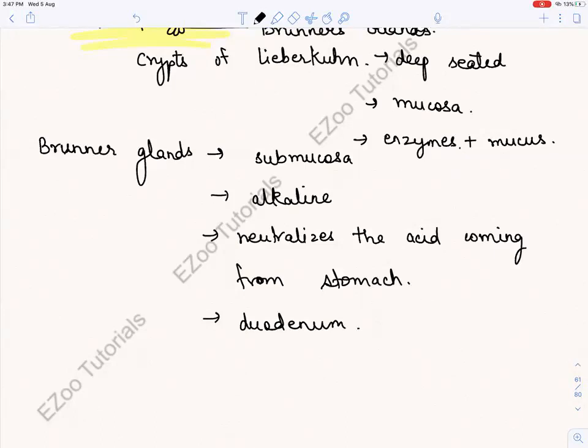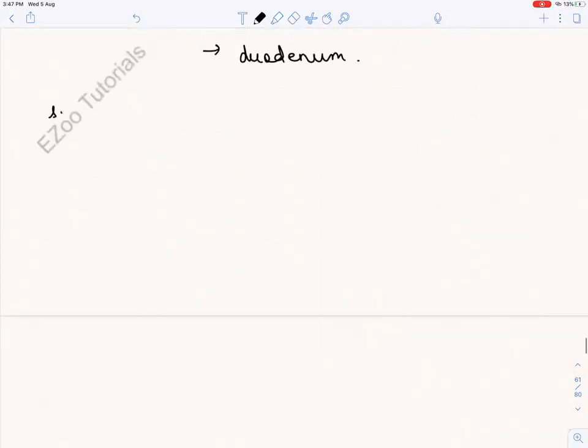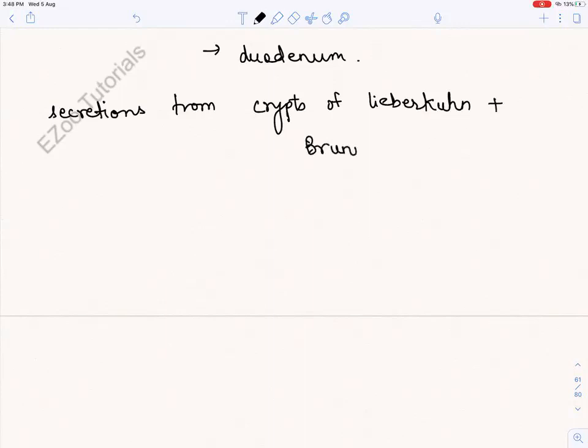Okay, and the secretions from both, the secretions from these crypts of Lieberkühn plus Brunner's gland, they are collectively called as what?